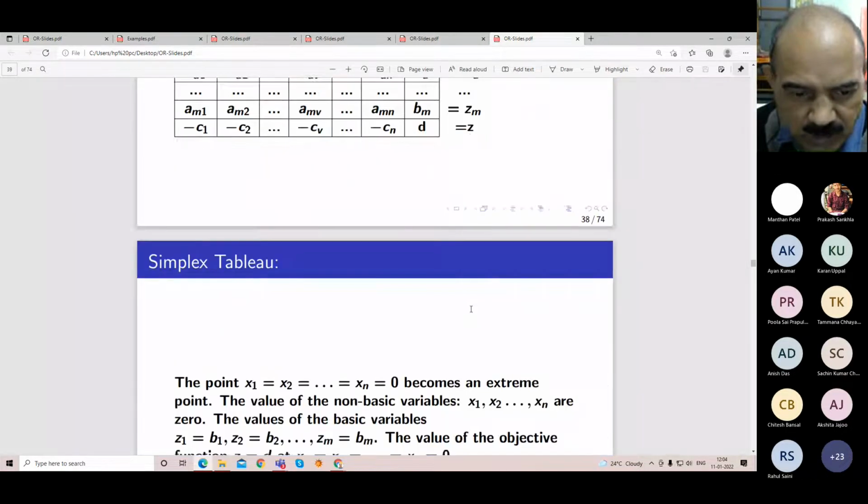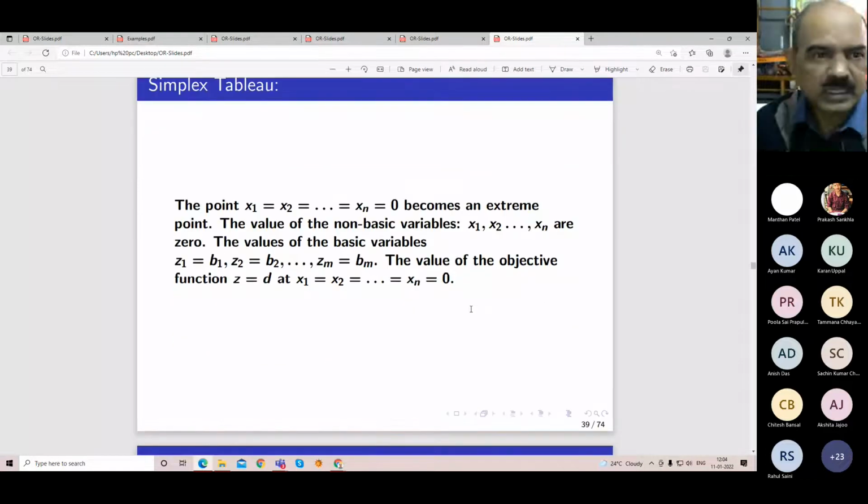Okay, this table. Generally, I have already mentioned, we solve a linear programming problem using the basic feasible solution method. If you are assuming that in the system Ax equal to b there are n plus m variables, out of n plus m, m are basic variables and the rest are non-basic variables.